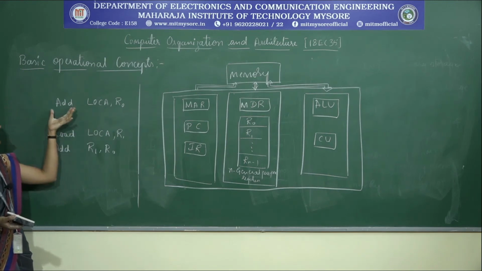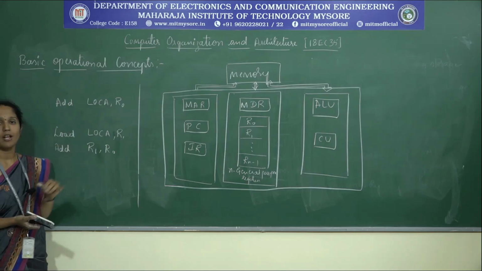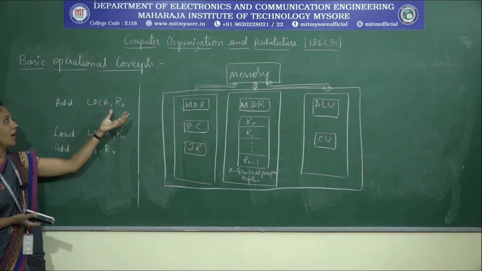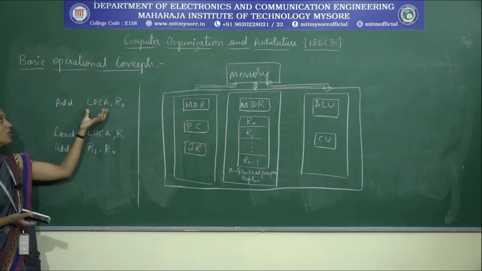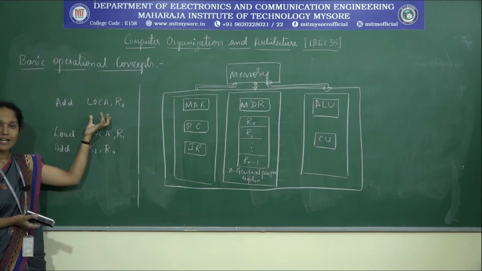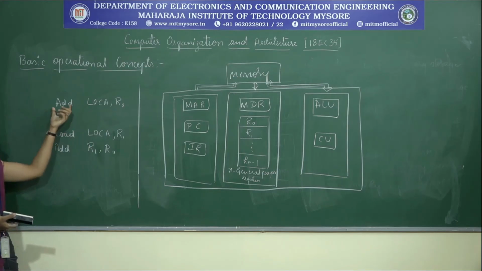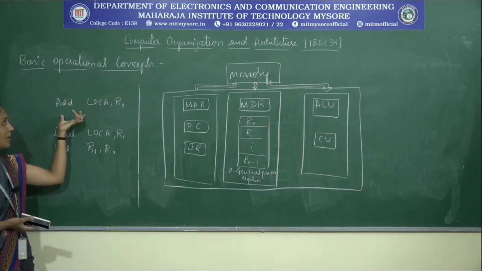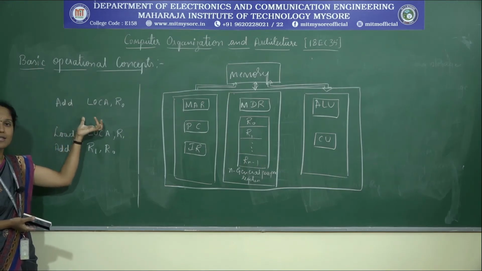Now if you consider ADD LOCA, R0, in this we have R0 as one operand and LOCA as another operand. Operands are nothing but data. Data is nothing but the encoded information. Okay, it will be in digital form. Now this addition instruction will be performed by the arithmetic and logic circuit.